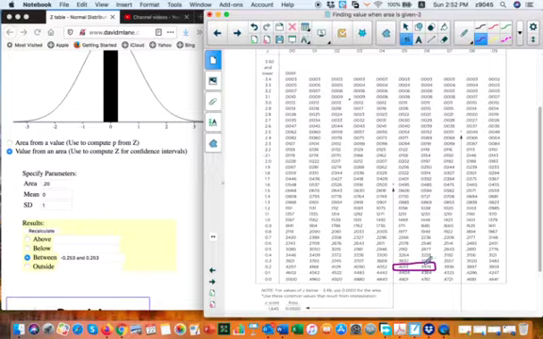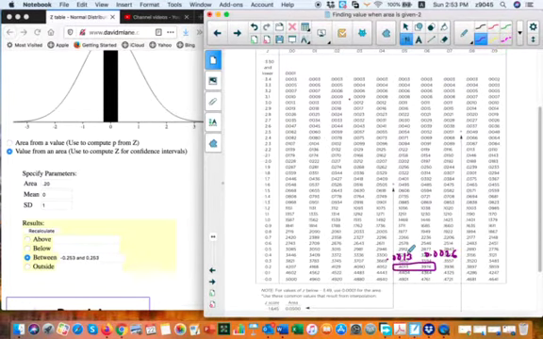0.3974. Now if I compare both of them, this is 0.0013 bigger, and this is 0.0026 away. So among both of them, this one seems to be closer.